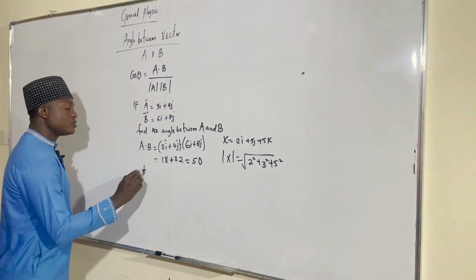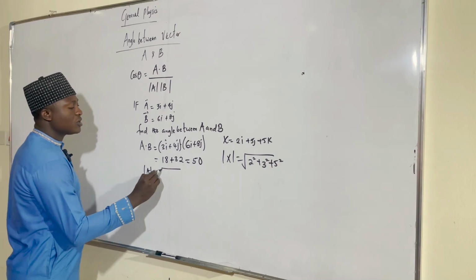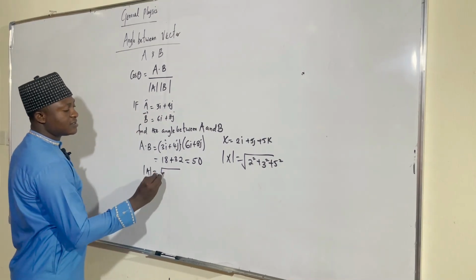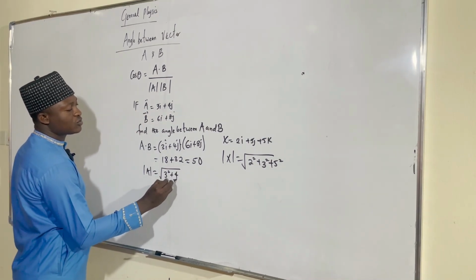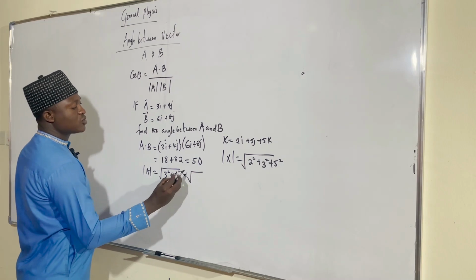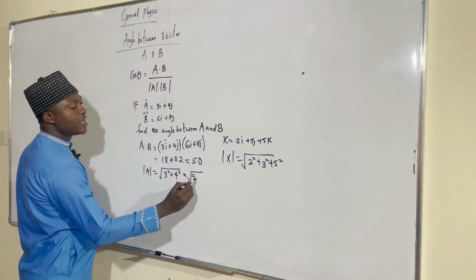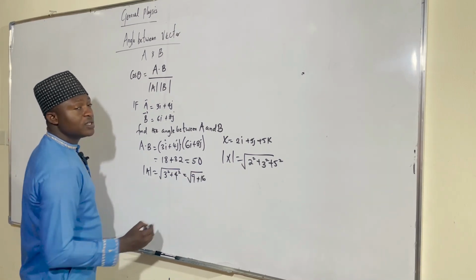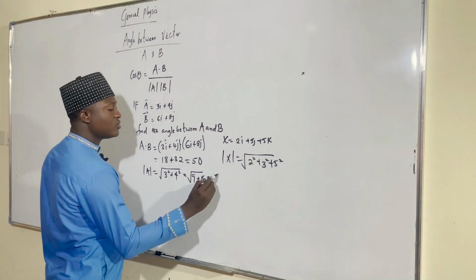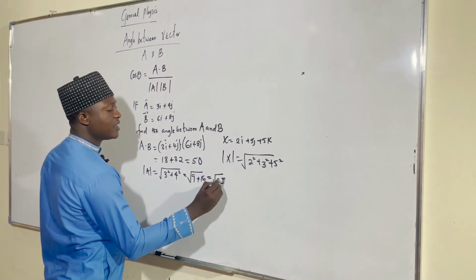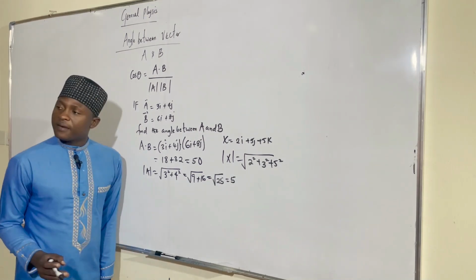So let's find the absolute of A. That's going to be the square root of 3 squared plus 4 squared. 3 squared is 9, 4 squared is 16. If I add these together, we have 25, and the square root of this is 5.